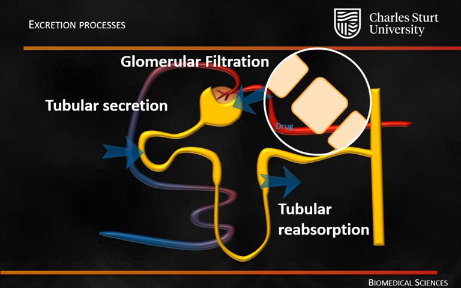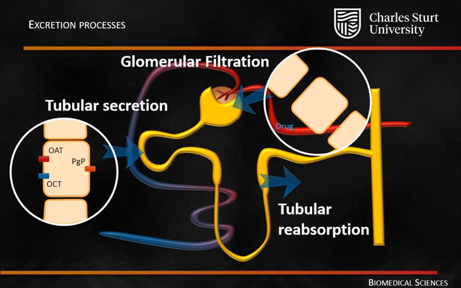If we have a look at the proximal tubule where tubular secretion can occur, you can see the organic anion transporters and cation transporters, and PGP, which is a multi-drug transporter, can move drug into the urine and eliminate or excrete the drug via that process. And tubular reabsorption can use similar processes. So they can be transporters there, but it can also be possibly through lipophilic processes as well.